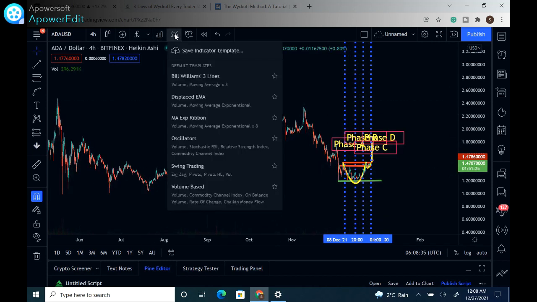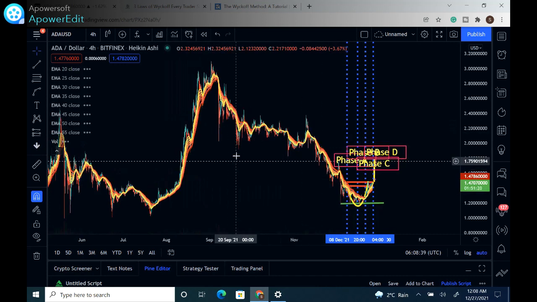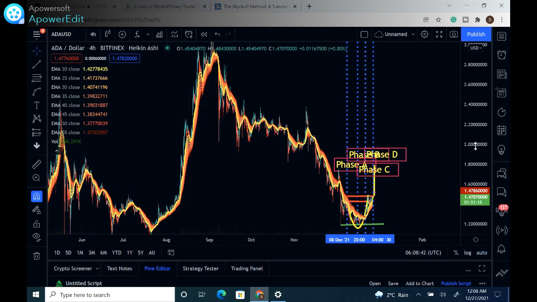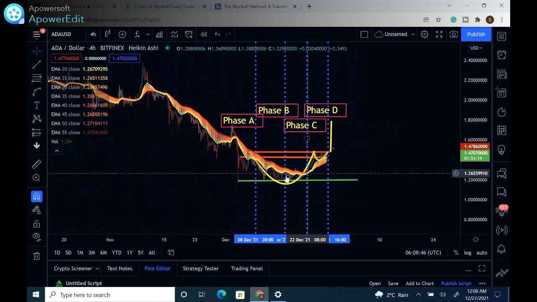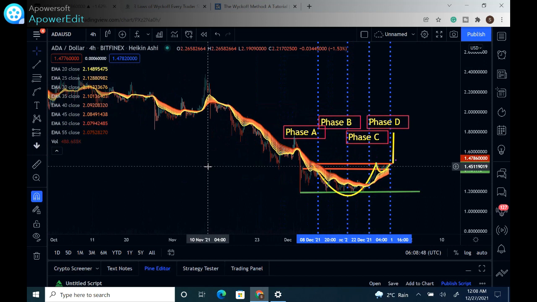If you go to the MA ribbon, you can see here, let's say this is the 4 hourly candle pattern and ribbon structure.